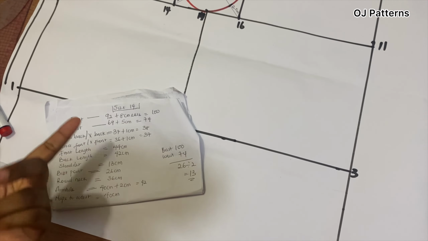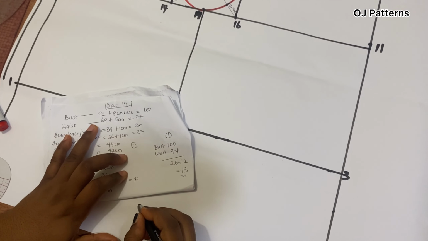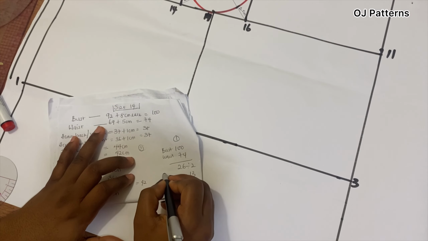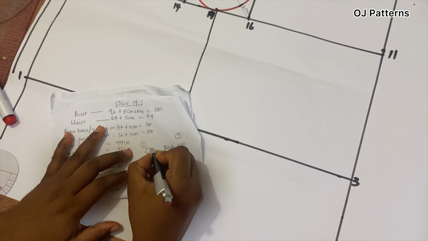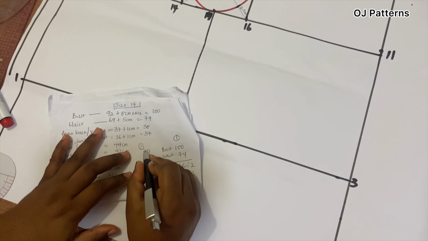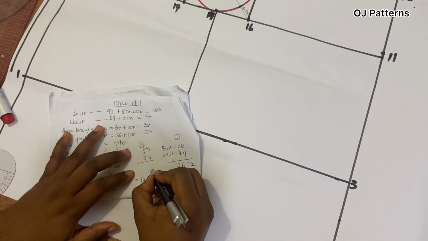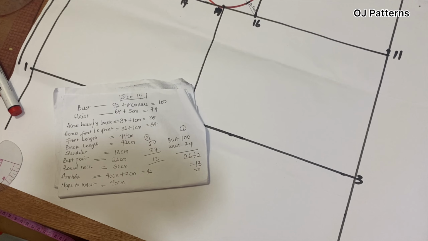This is one way to do it. Another method: bust is 100, waist is 74. So 100 divided by 2 gives us 50, and 74 divided by 2 gives us 37. So 37 minus 50 is 13. So one way or the other, we get 13 cm. So 13 cm is the dart suppression.